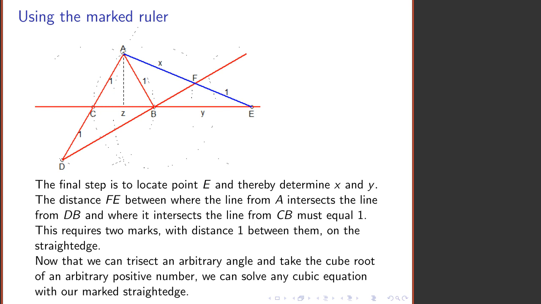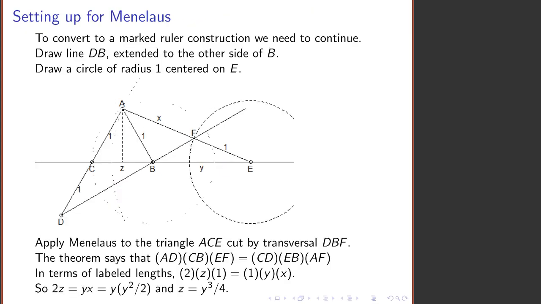If I can draw this blue line so that this length is 1, I will have replicated my previous diagram. And I can do that with the aid of my marked ruler. So I take the marked ruler and place it so that one mark is at E, the other mark is at F, and the marked ruler itself passes through point A. At that point, I have reconstructed my original diagram, and I know the relation between y and z.